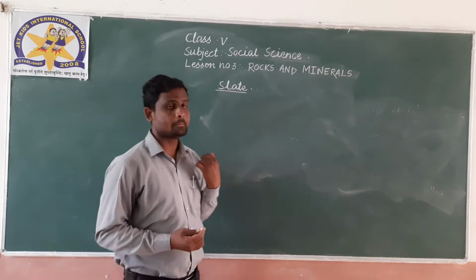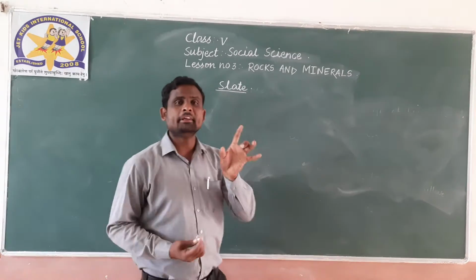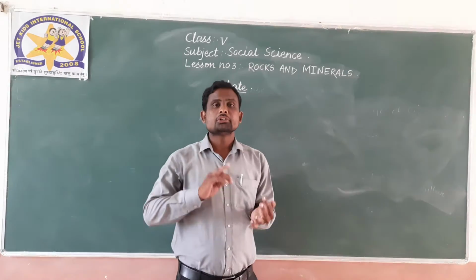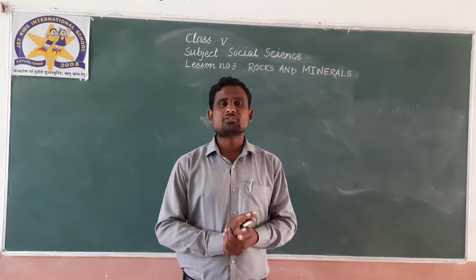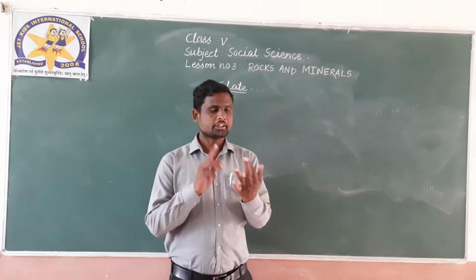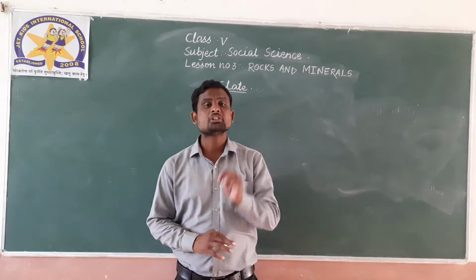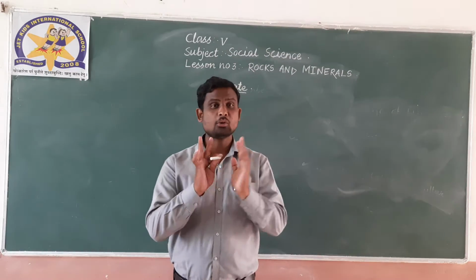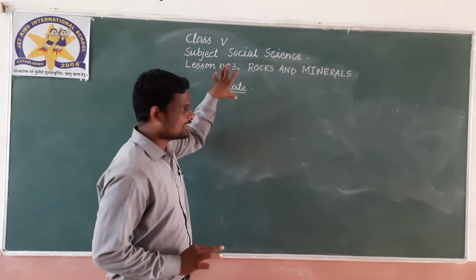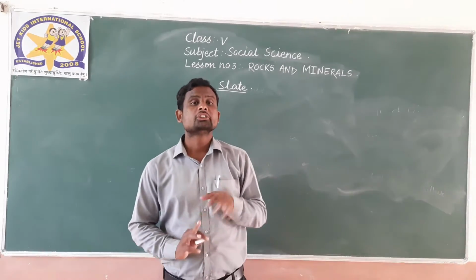Now listen carefully. Slate is one type of metamorphic rock, and slate is formed due to metamorphosis of shale. We have learned shale is a sedimentary rock, so slate is formed due to change in the form of shale.